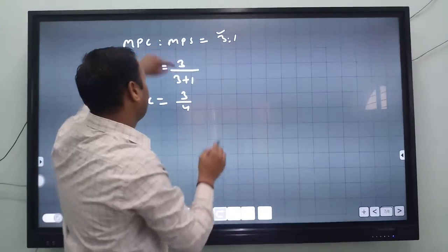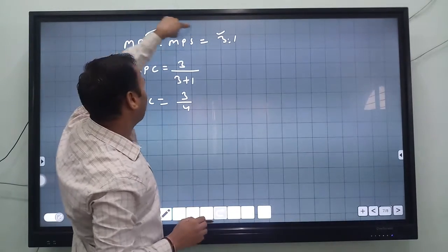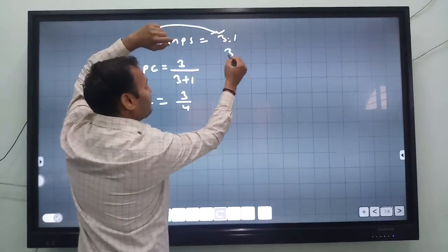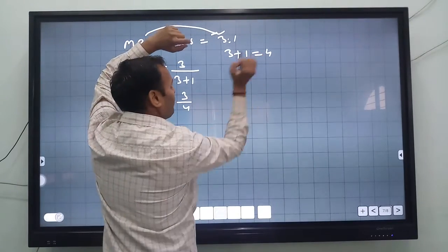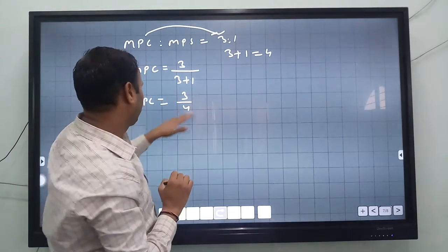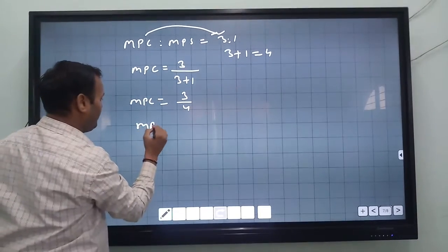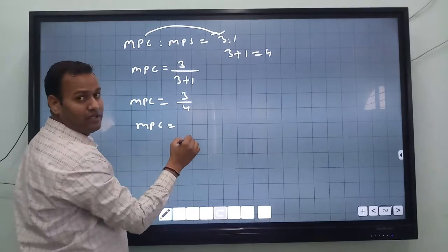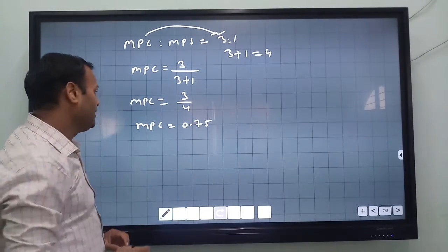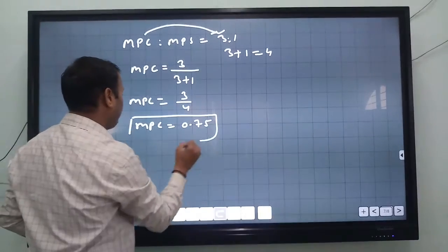How do we calculate it? First, MPC is 3. Now the total of these numbers is 3 plus 1, that is 4. So 3/4 is the value of MPC, and 3/4 is 0.75. Okay, so this is the value of MPC.